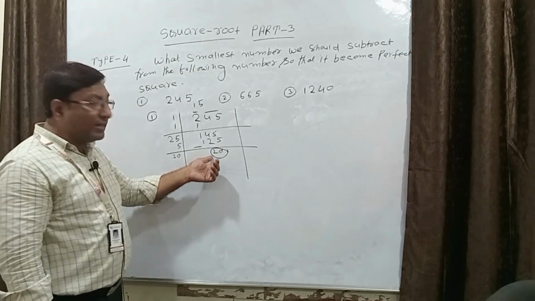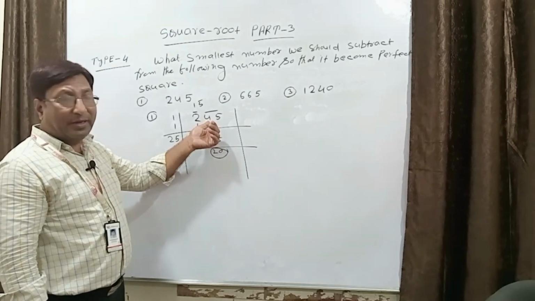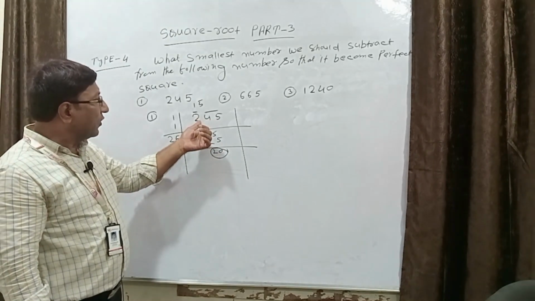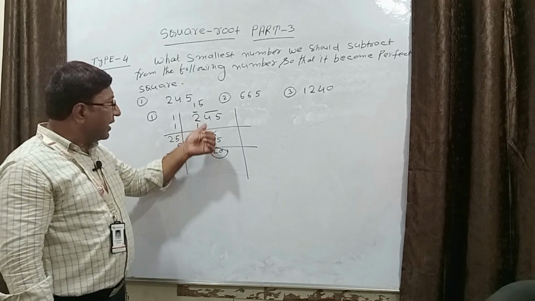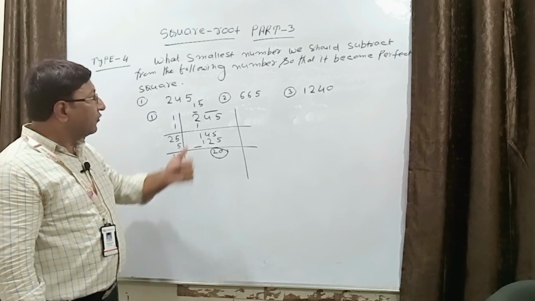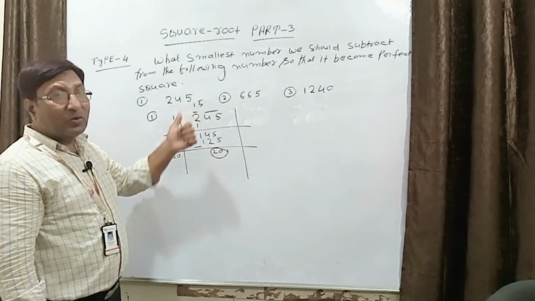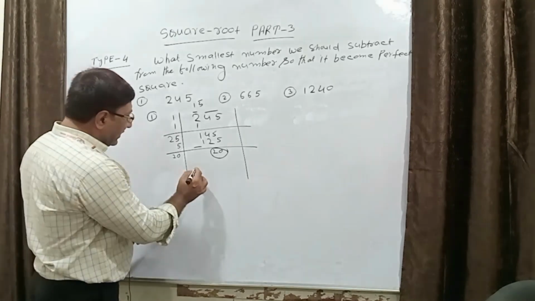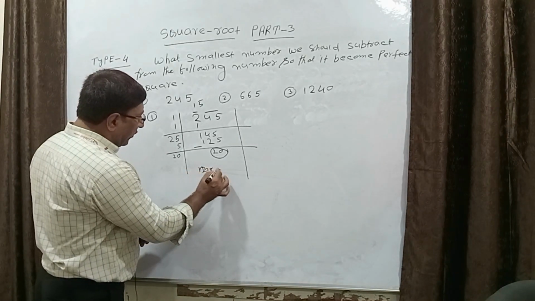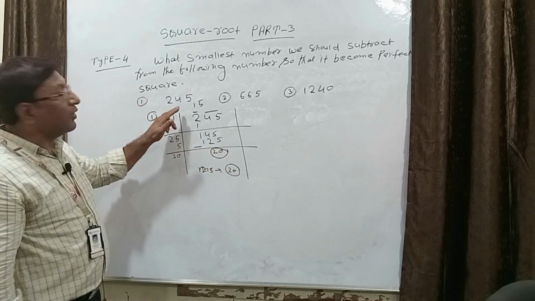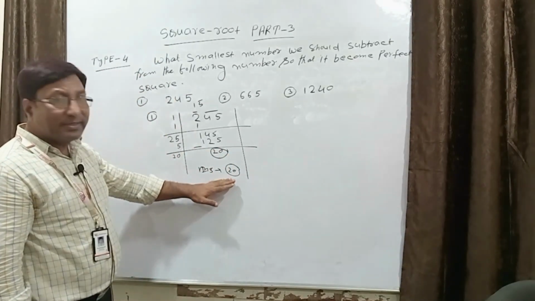If we subtract 20 from this number, then we get a perfect square, because 245 minus 20 is 225. 225 is 15 squared. That means 225 is a perfect square. So my answer is 20.